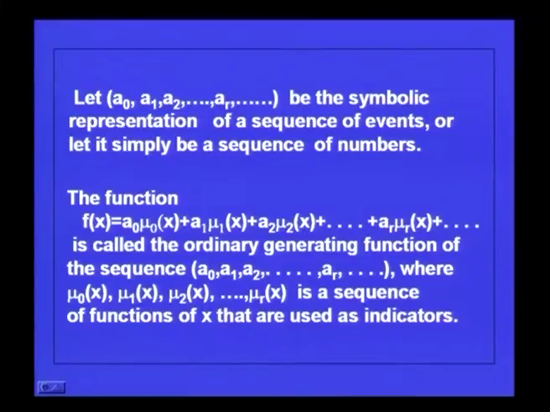In general, you can see that if you have a sequence a0, a1, a2, ..., ar be the symbolic representation of a sequence of events, or let it be simply a sequence of numbers, then the function f(x) = a0 μ0(x) + a1 μ1(x) + a2 μ2(x) + ... + ar μr(x) is called the ordinary generating function of the sequence a0, a1, a2, ..., ar, where μ0(x), μ1(x), μ2(x), ..., μr(x) is a sequence of functions of x that are used as indicators.